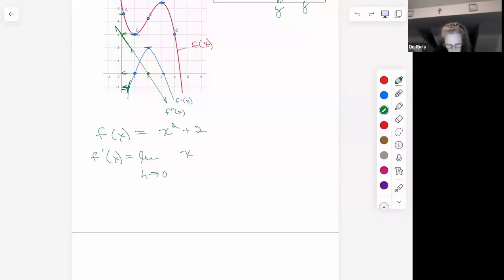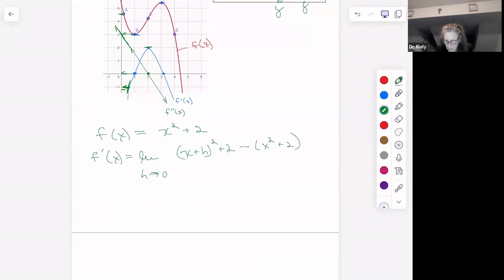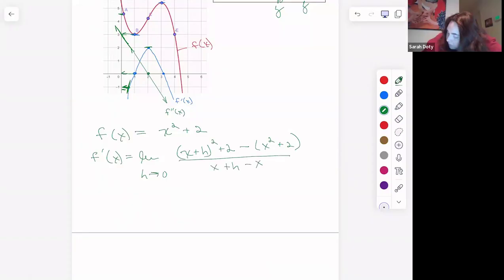So you would start off with, let me back up. So put the h right in next to that. And then you're going to subtract away. Now, you probably want to use parens. And then down below is always going to be x plus h minus x.